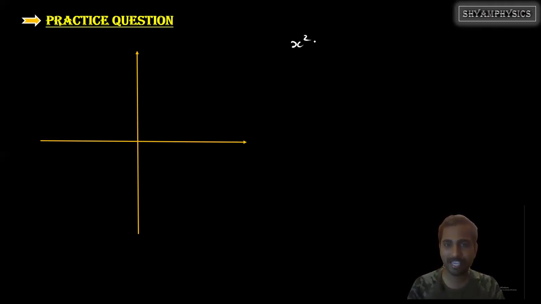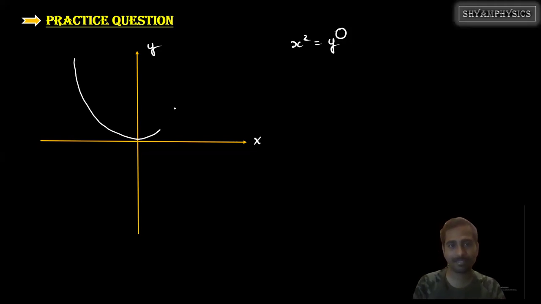If I ask x square equals y, tell me, where is the single power? Here it is the single power. Correct now? Toward that side it has to open. This is the x-axis, this is the y-axis. So it is toward the positive y-axis, meaning the curve has to open like this. Done.